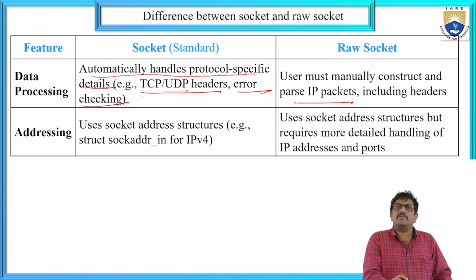For every raw socket, whatever packets it is receiving should have the header along with the payload. Generally we are transmitting the data header along with the payload.